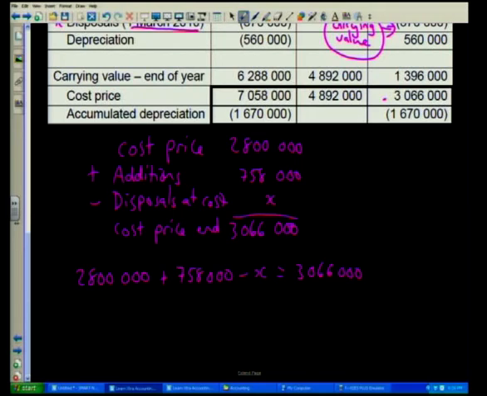Now all we do is solve for X. So let's take the X over to that side and the 3.066 million over to this side. So what we have now is 2,800,000 plus 758,000 minus 3,066,000, and that's going to equal my X. Just remember what we're working out. We're working out the cost price of our disposal.